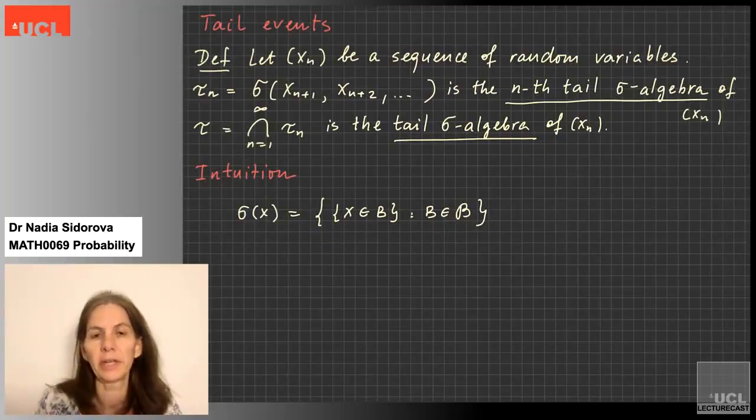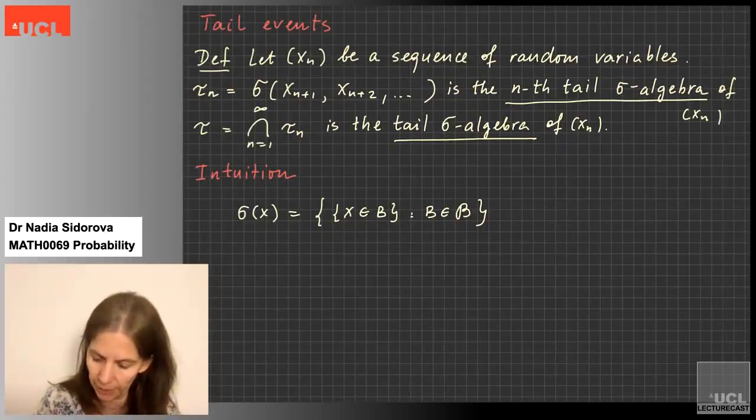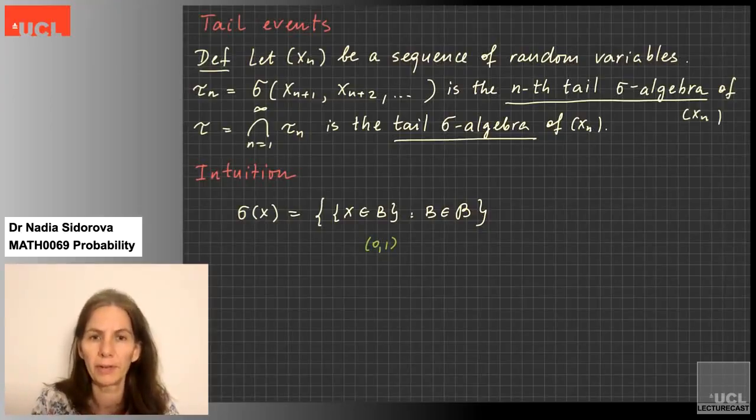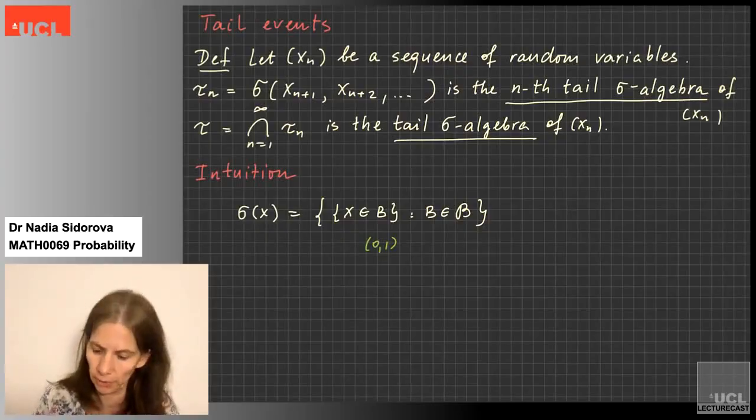And it means it's exactly the sets about the occurrence or non-occurrence of which I can judge if I know the value of my random variable x. So like if B, for example, is the interval 0, 1, and I evaluated my random variable x, I got the value 5, then I know this event doesn't occur. And if the value was 1/2, then I can say the event occurs. So whatever random value of x, once I know the value, I know whether the event occurs or it doesn't.